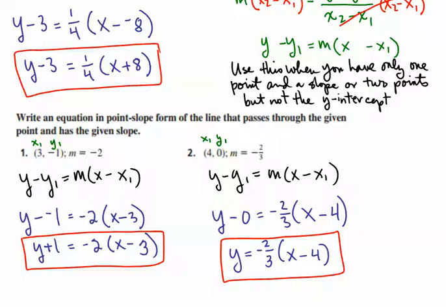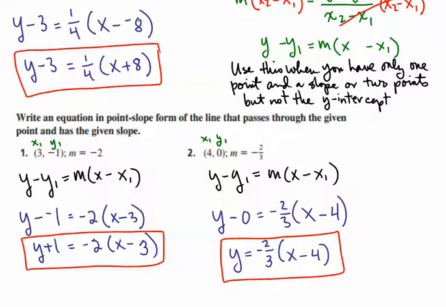And the same with the one below, where we have the point 3 comma negative 1, and m is equal to negative 2. When we plugged in the y1, which is negative 1, when I simplified, I ended up with y plus 1. So when you plug in the x1, y1, the signs will always be opposite from the signs in the original point.